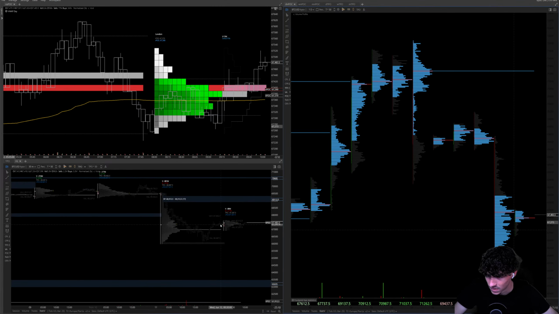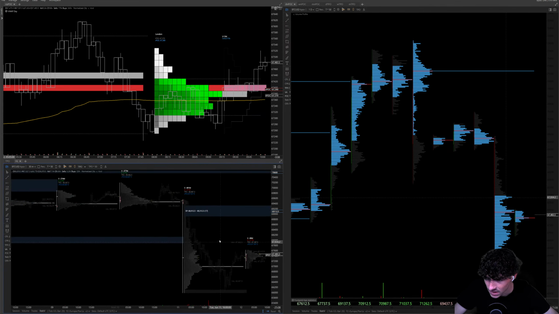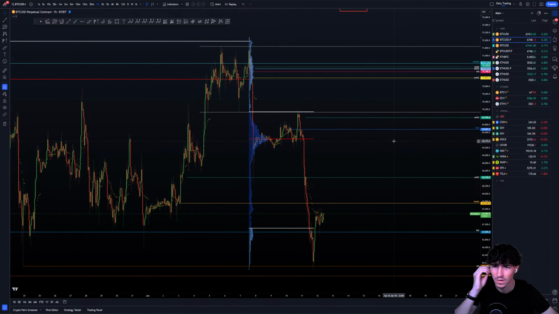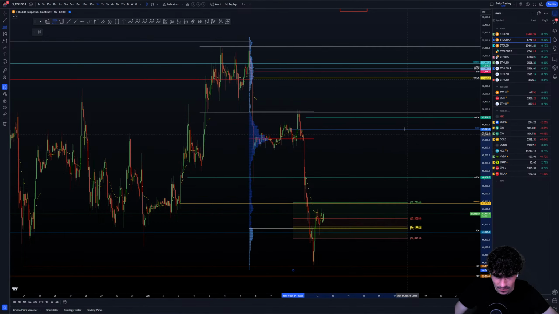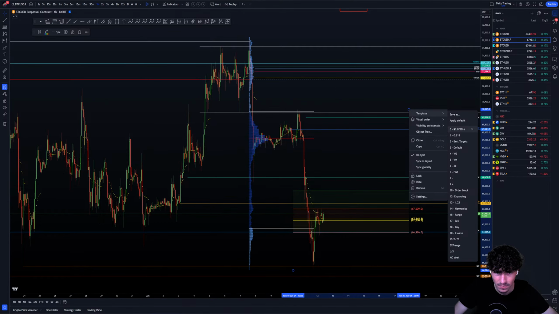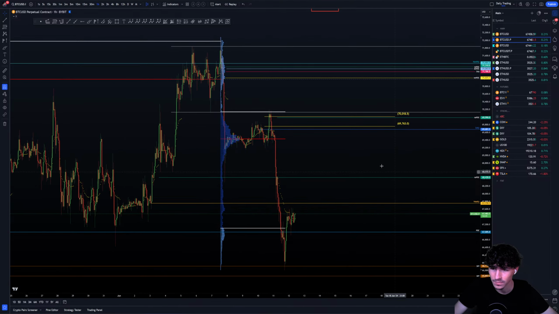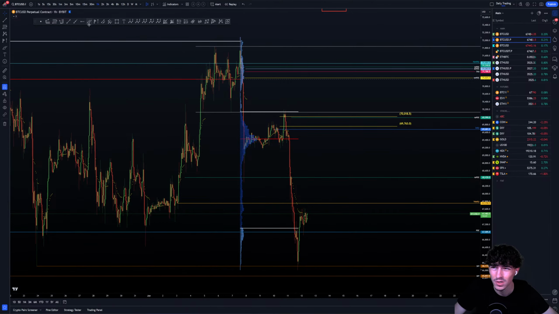Okay, so here I say the single print is, and the top is 69,300. Well, this was a point of control there really. Yeah, so the first real big resistance, if we can say that, because before we of course have some small ones.